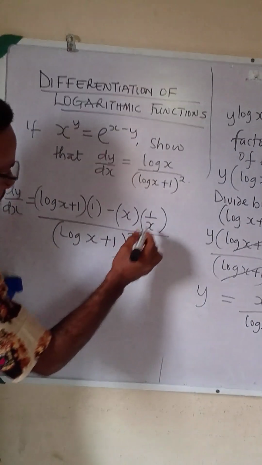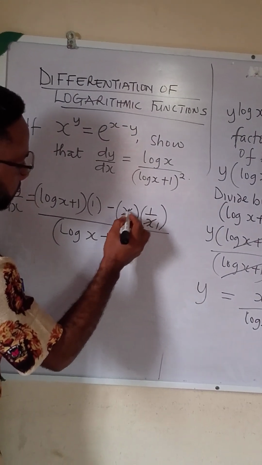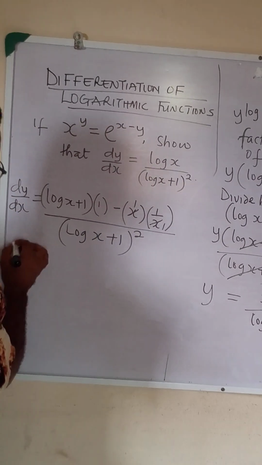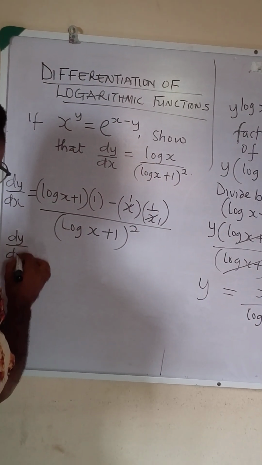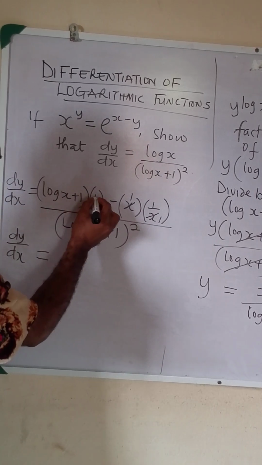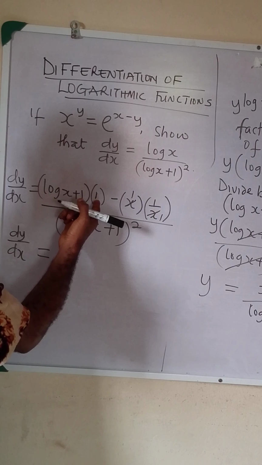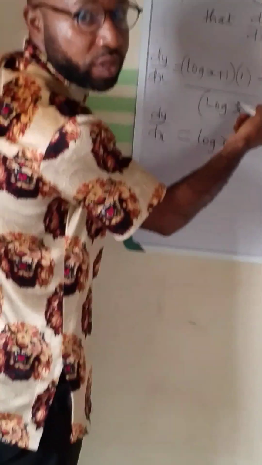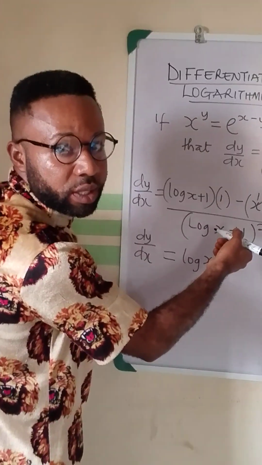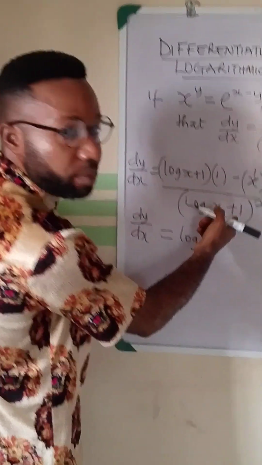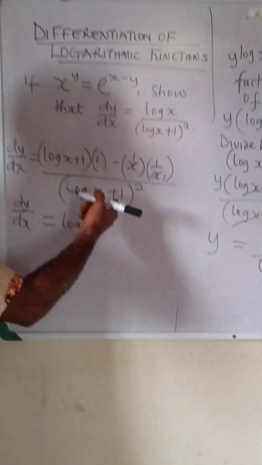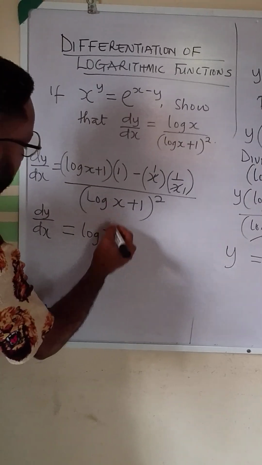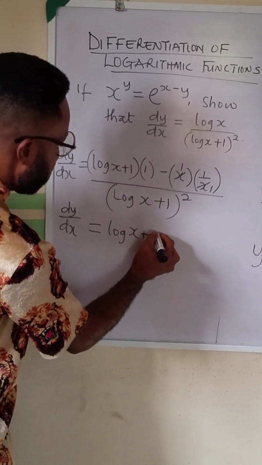Okay, x cancels out x here, and this will be 1. So dy/dx will be equal to, we use this 1 to open the bracket: 1 times log x gives us log x, and 1 times 1 gives us 1.